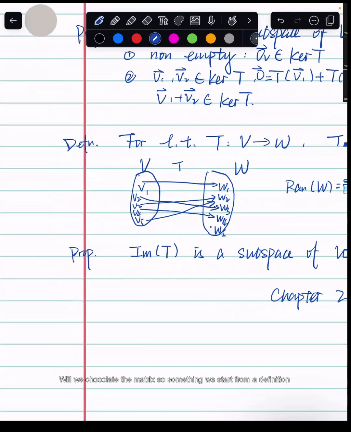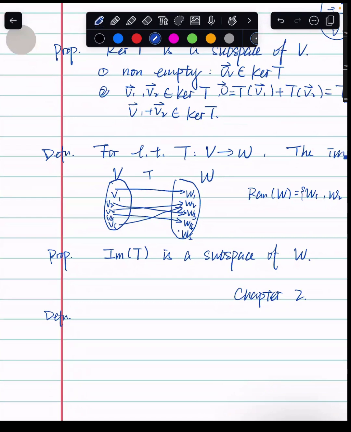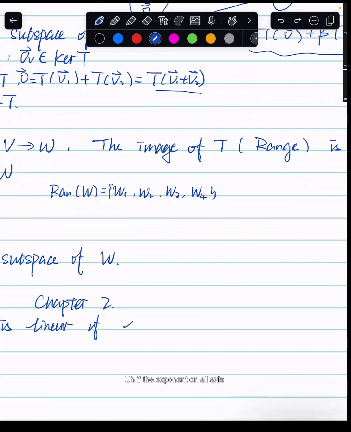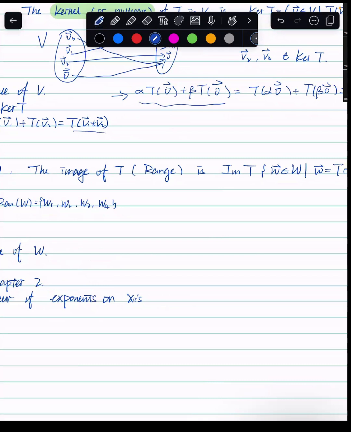So same thing, we start from a definition. We say an equation is linear if the exponent on all x's is smaller than or equal to 1.